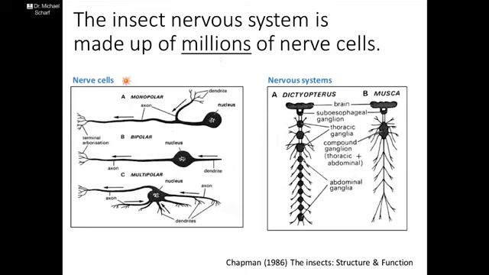Neurons or nerve cells are cells just like any other cells in the body, except that they have this really nice ability to transmit electrical energy. You can think of them like electrical wires, basically, like we have in our houses. So that's the nerve cells.